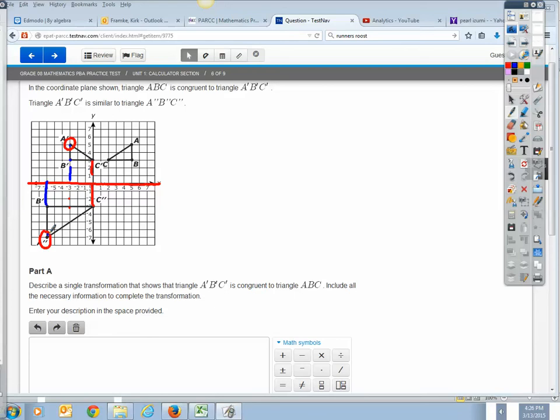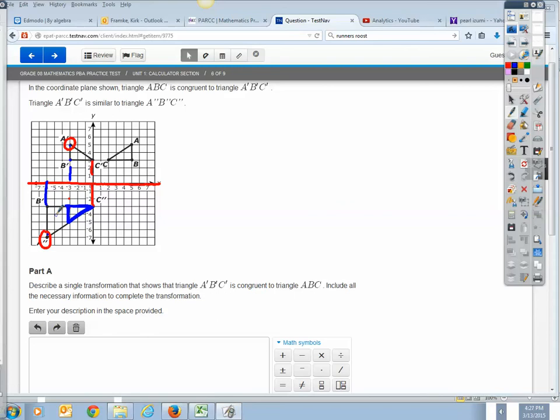So once I do that, I notice that my triangle, and I'll go ahead and draw my triangle here. So I can see right now that I have my A prime, B prime, C prime overlapping a portion of my A double prime, B double prime, C double prime.